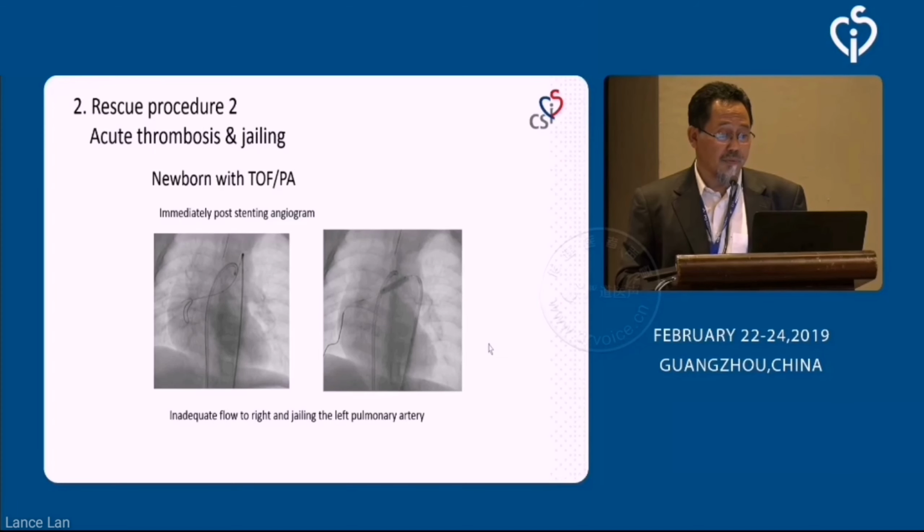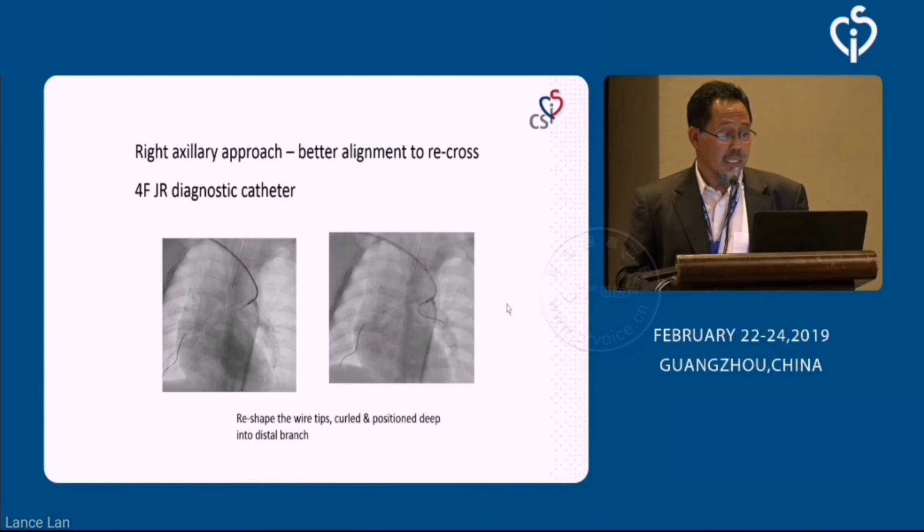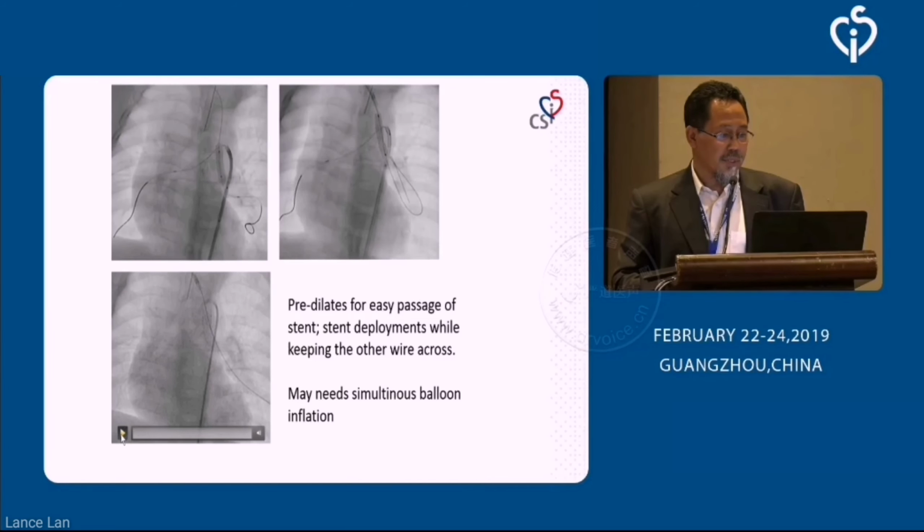Then we need some access from the right axillary approach to rewire, cross through the strut of the stent, and balloon dilate, then followed by stent reimplantation to the left to give a better result.